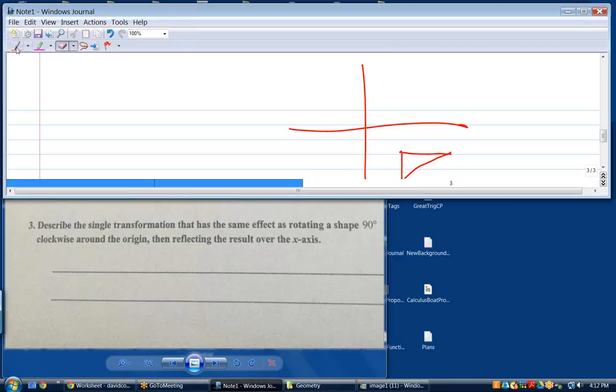Let's make this a right triangle, but one that has a very short side and a very long side. Now if I rotate that 90 degrees, the short side comes out right there. The long side, or the hypotenuse, comes out there. So that's the 90 degree rotation? I believe so. And then they want to reflect over the x-axis, which is going to become this.